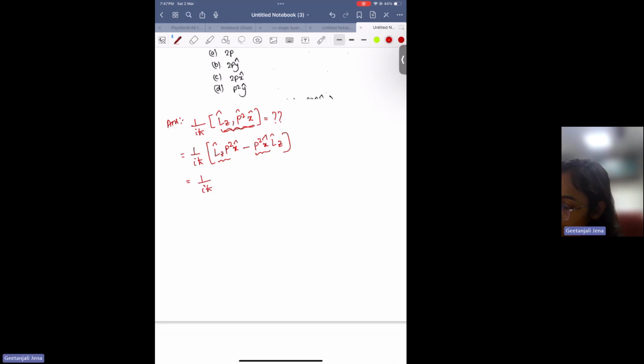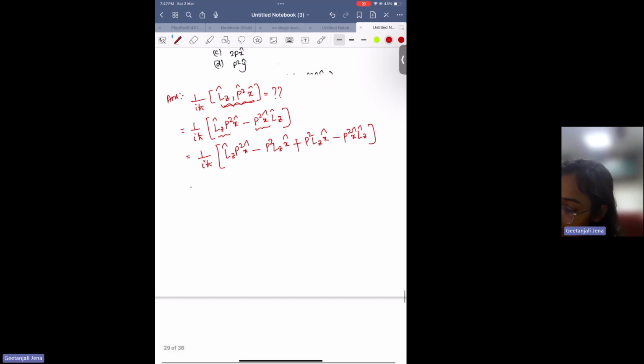If Lz Px square, I will add one term which is P square Lz. Okay. And to cancel it, I will add another term. Similarly, there is a term Px square Lz here. Okay.